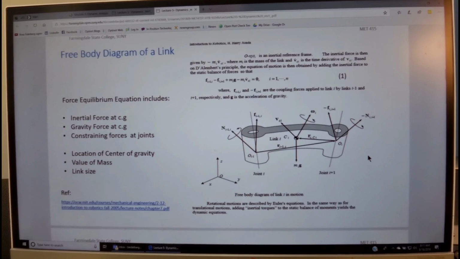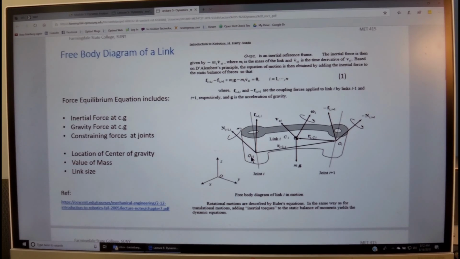So we'll give it a shot and try to understand what this diagram is showing us. It's basically the same as before, but more rigorously derived. So we'll start with an inertial frame, which has an origin at 0. And then we have a body fixed frame to the previous link, which is I minus 1.